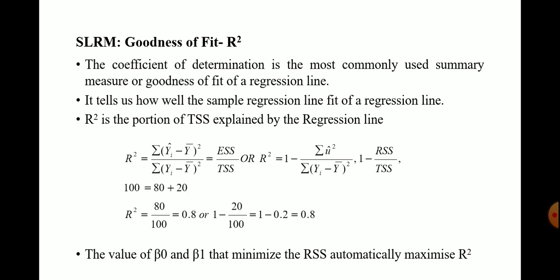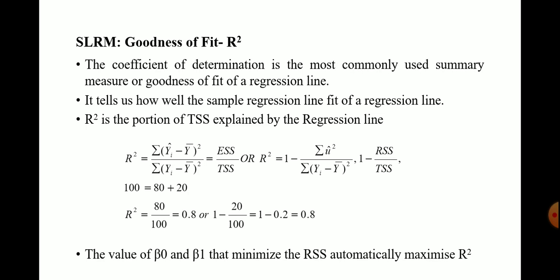Its equation is r square equals sigma (y cap minus y bar) square divided by sigma (yi minus y bar) square. The numerator, sigma (y cap minus y bar) square, is called ESS, and sigma (y minus y bar) square is called TSS, the total sum of squares, or total variations in the dependent variable.